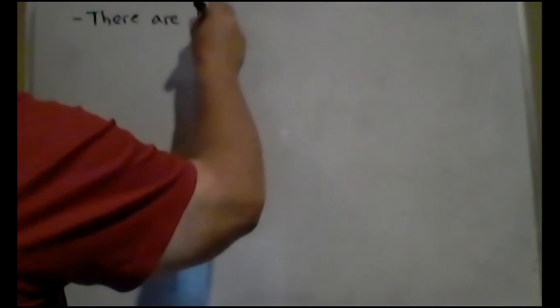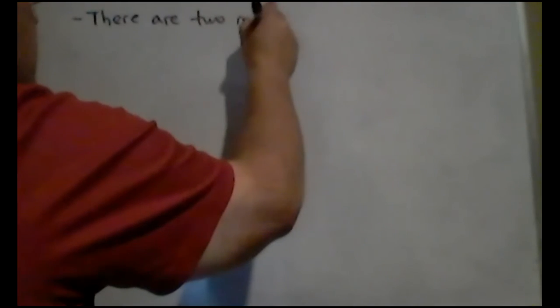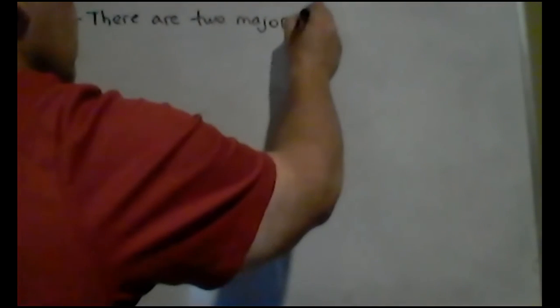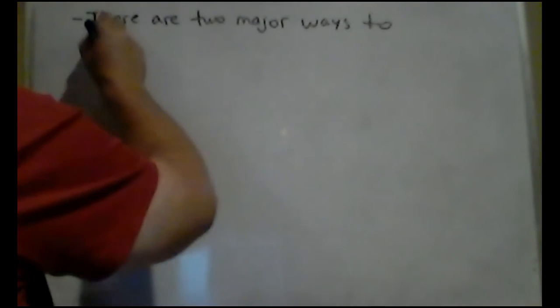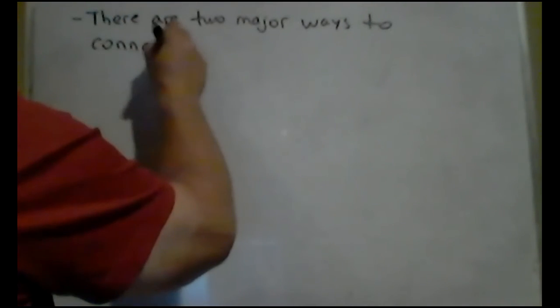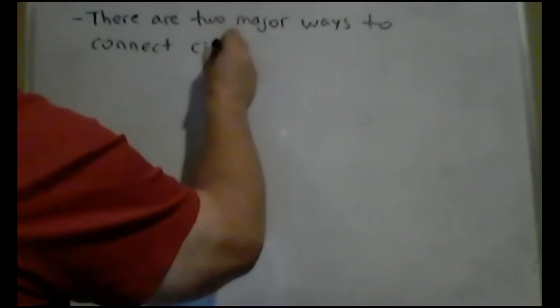We'll find out there are a couple of different ways to connect circuit elements in a circuit. So there are 2 major ways to connect circuit elements.